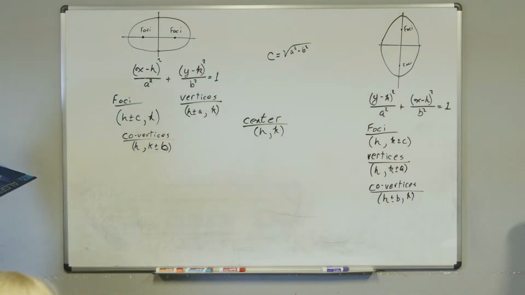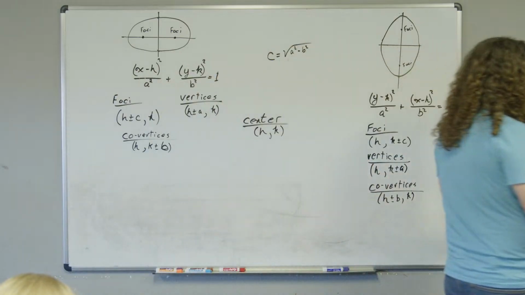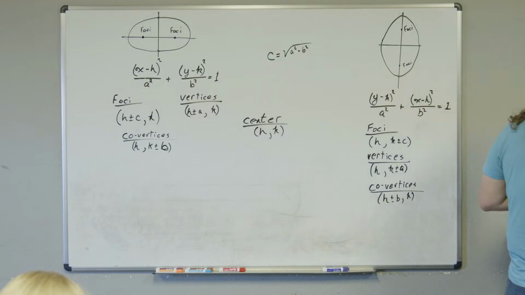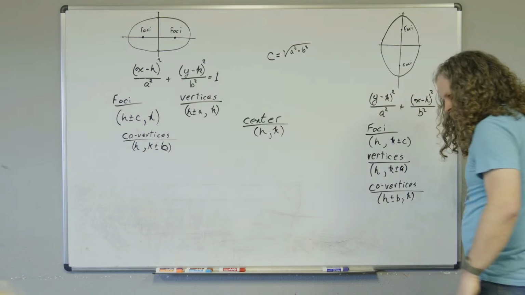We want to do this example. We're going to find the coordinates of the center and the foci, the length of the major and minor axes of the ellipse with that equation.